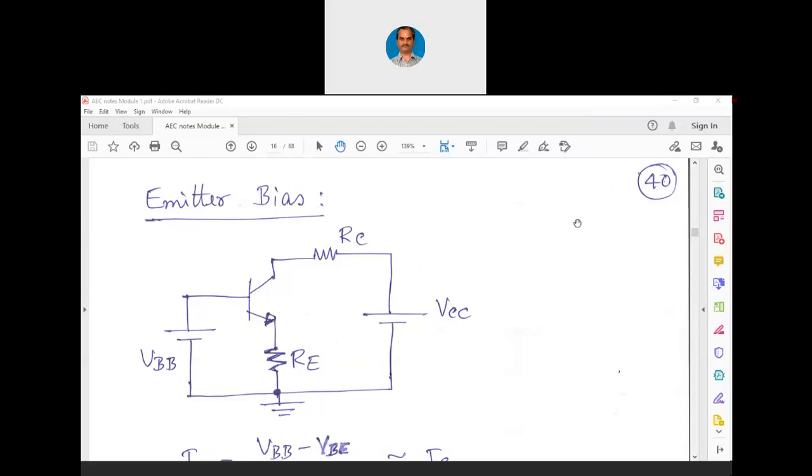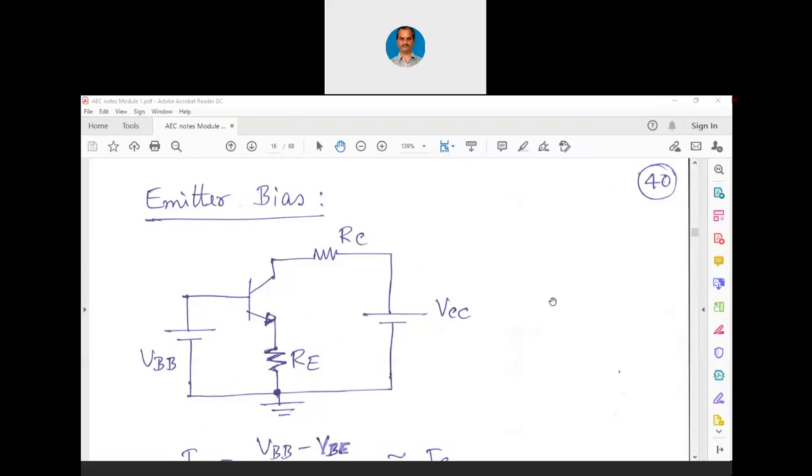But for that to happen, when we have to calculate IB and IC, we are dependent on beta. We will today discuss one more circuit called emitter bias circuit, which will have less dependency on beta. How that works, I will tell you now.